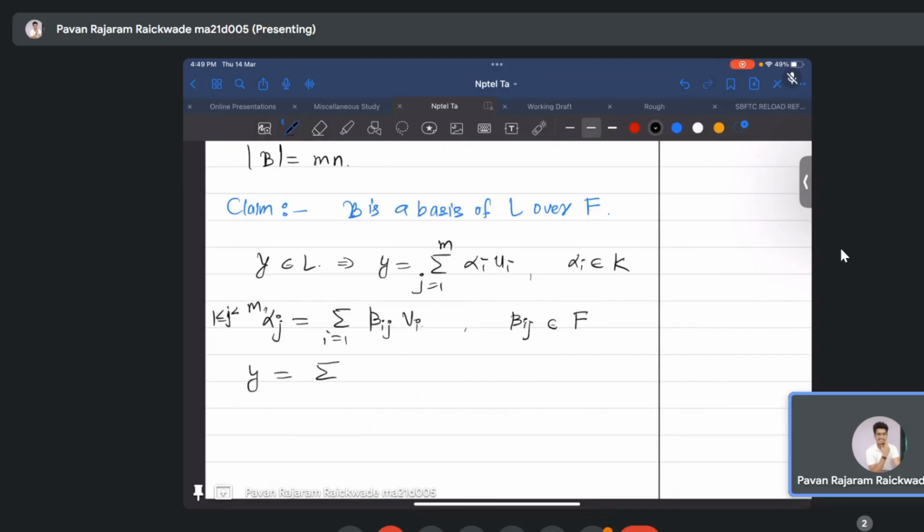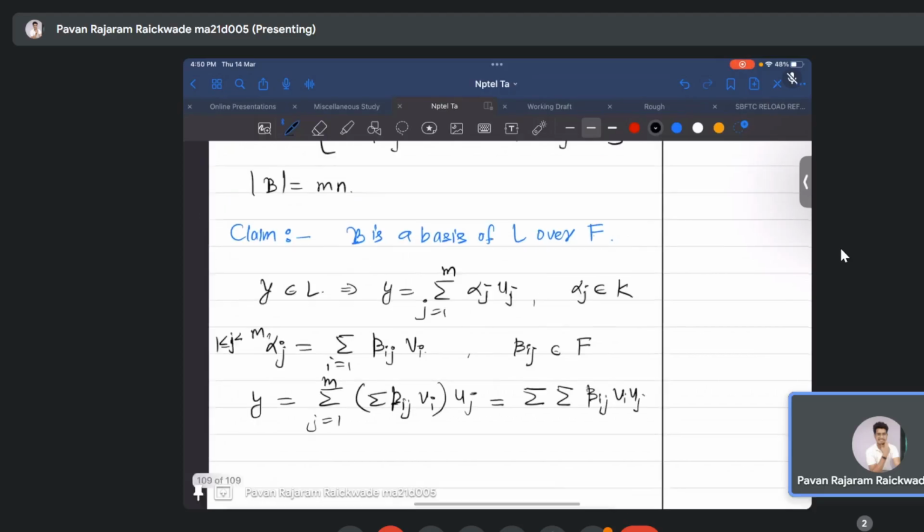Y is the summation, i going from 1 to m, of each alpha i, which is summation beta ij vj, and then ui, right? So if I expand this, this is summation beta ij vj ui, right? This is what we wanted, right?